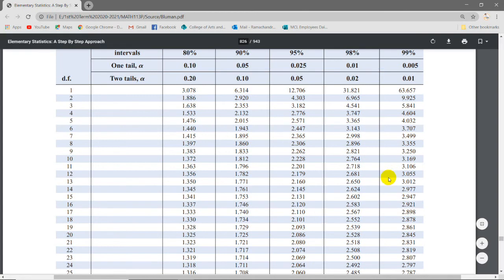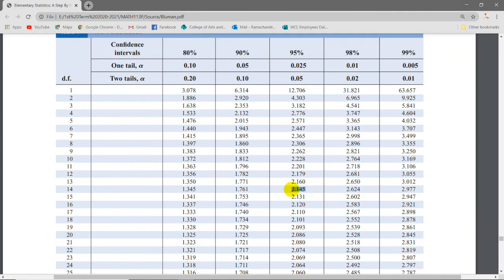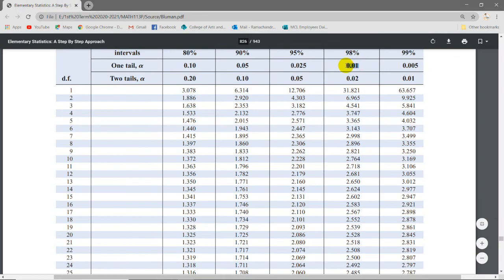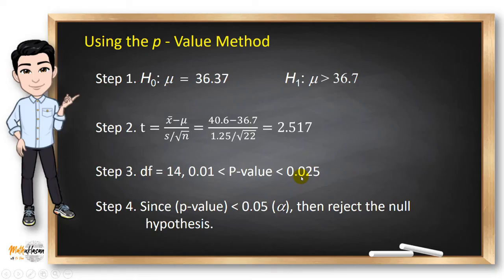The test value in our example is 2.517, and looking at this row, 2.517 is between 2.145 and 2.624. By looking at the columns that correspond to these values, we have 0.025 and 0.01. So, going back to our solution, the p-value is between 0.01 and 0.025.